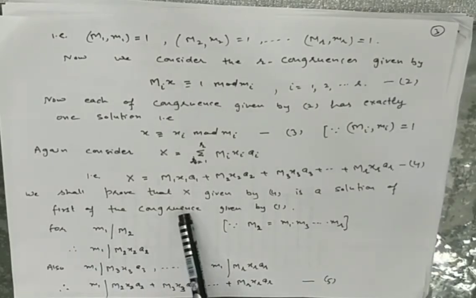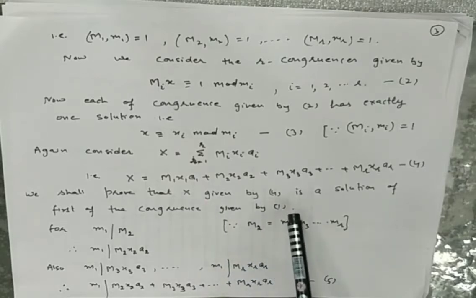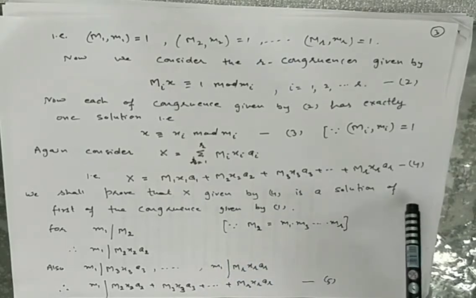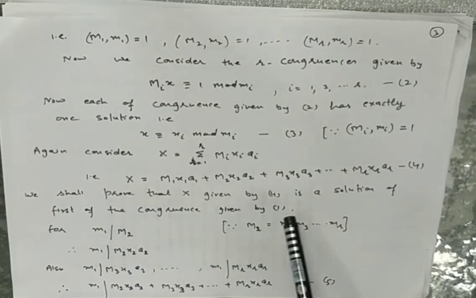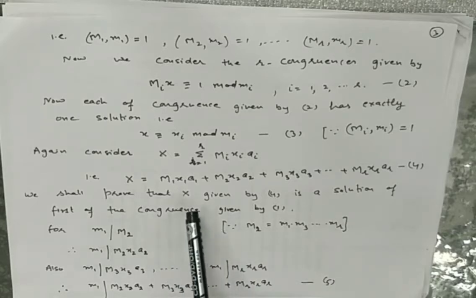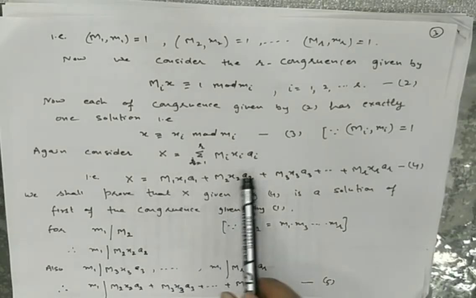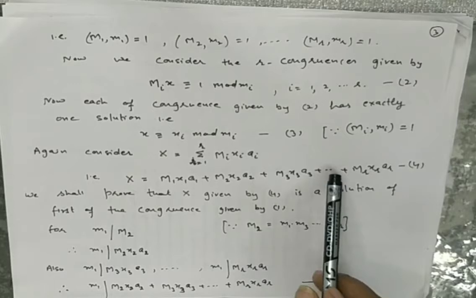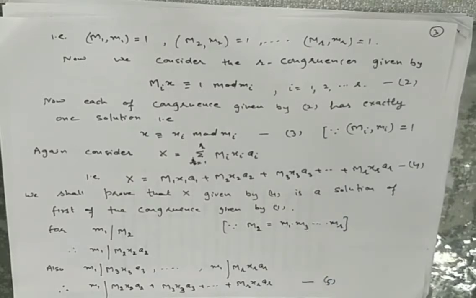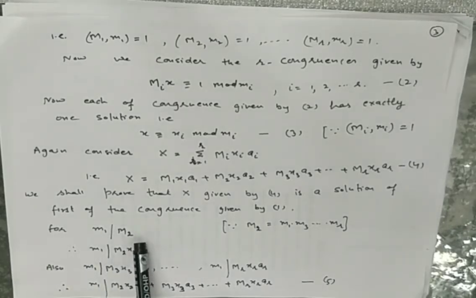Now we shall prove that X given by this 4 is a solution of the first of the congruences given by the system 1. That is, we will show that this X will be a solution of the congruence x is congruent to a1 modulo m1. For this, we know that m1 divides capital M2, because what is M2?